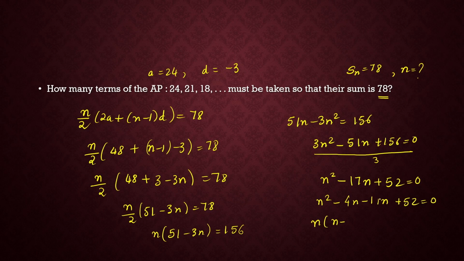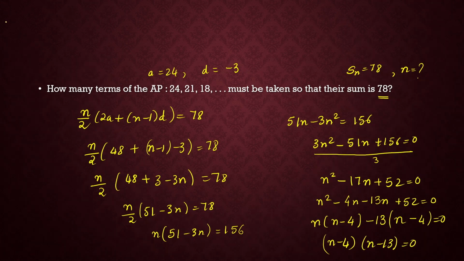Yes, it's 4 and 13. So if I take n common, I'll get n minus 4. From here, if I take minus 13 as common outside, I'll get n minus 4. So this becomes n minus 4 into n minus 13 is equal to 0.